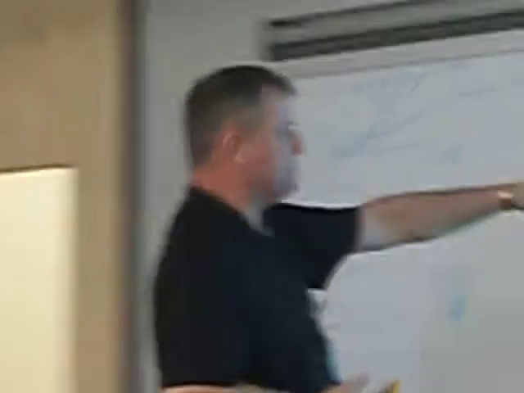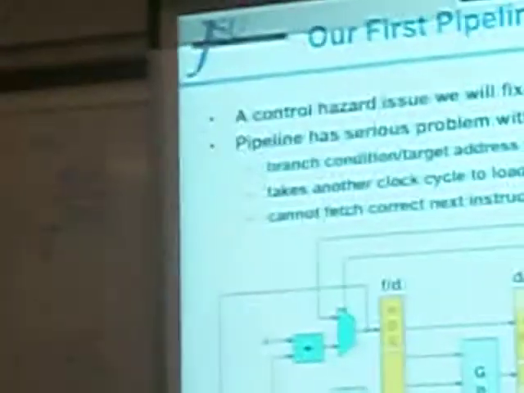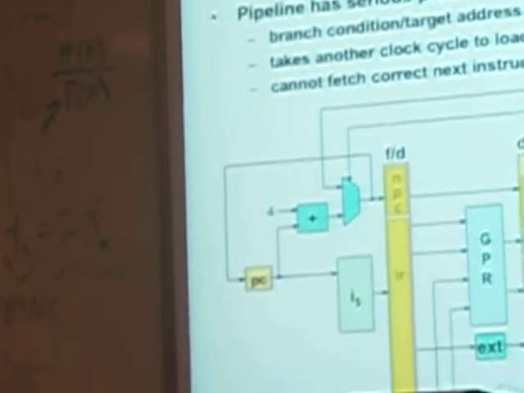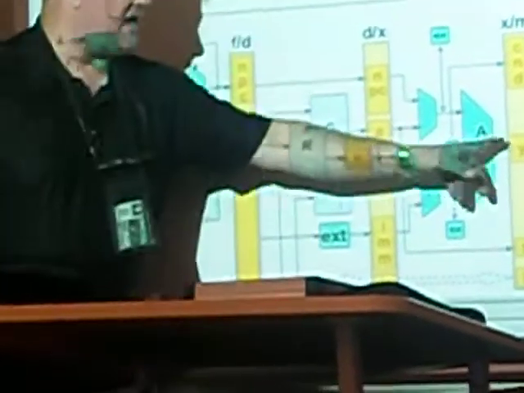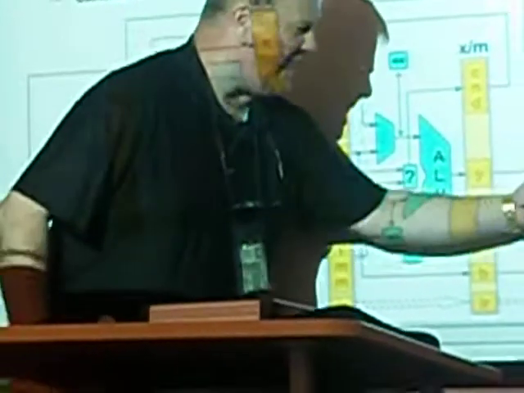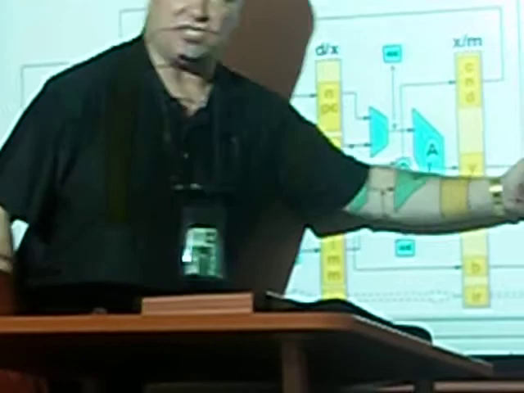Here's the bottom line. You can't fetch the correct next instruction until the branch enters the write-back stage. And the reason, again, is simple. When do we know what the next PC will be? At Y, at the beginning of the memory stage for the branch instruction. Now I know what the program counter is, and whether or not to update it.